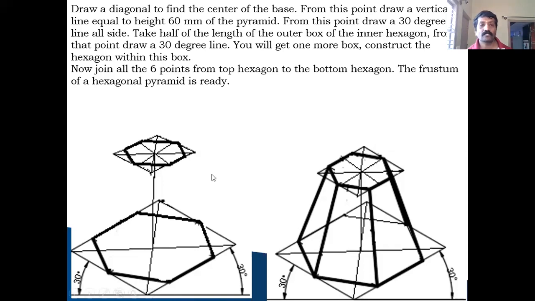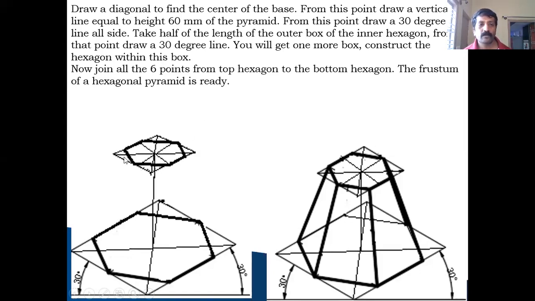The larger box dimension, you measure it, convert that into isometric, and half of that from this center you cut on either side of the 30-degree line. The shorter side of the box, you convert that into isometric and divide by 2 from the center, and cut that dimension on the opposite side of your 30-degree line. Once you get these 4 points, 1 2 3 4, as in many examples we have discussed, from this point you draw a 30-degree line in this direction, parallel to this line.